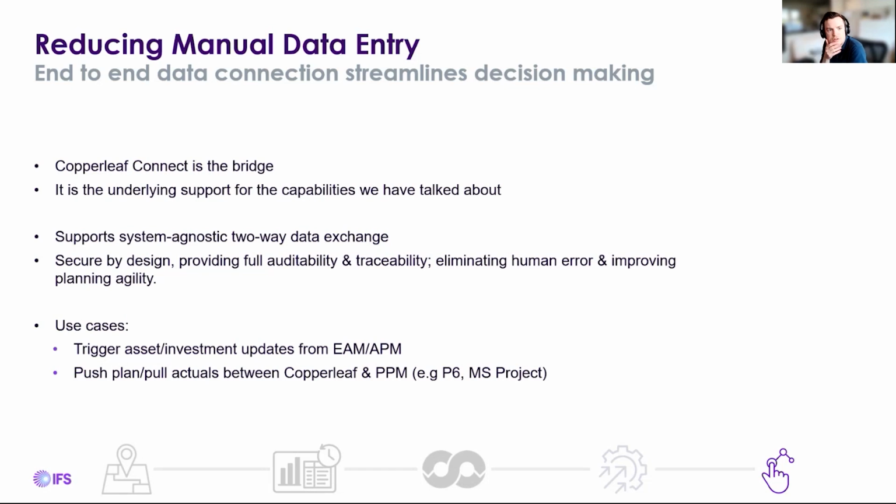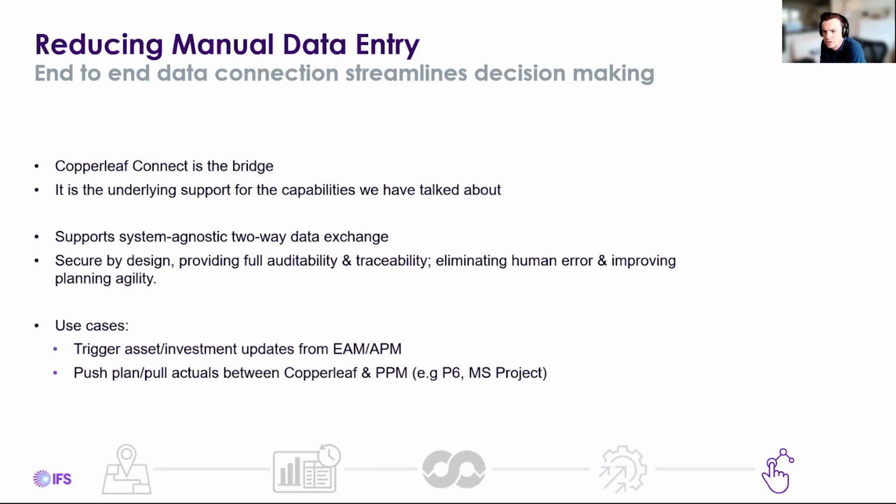By taking that connected enterprise and standardized approach, it's secure by design, again fully auditable and traceable. We start to eliminate any human error and help planning agility by being able to move data faster and more efficiently.